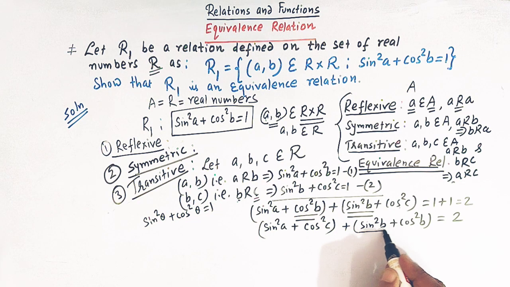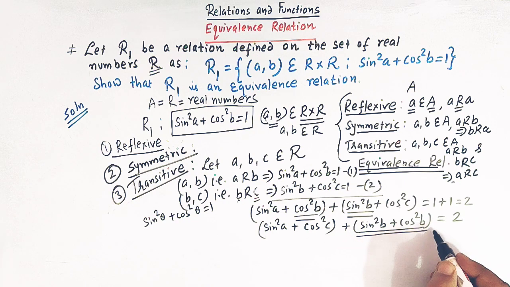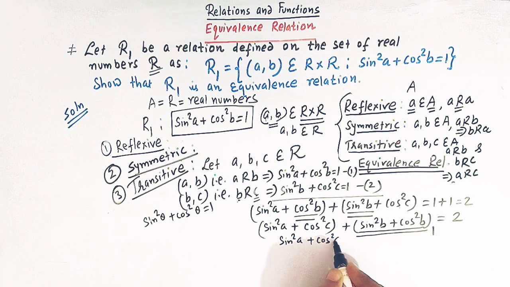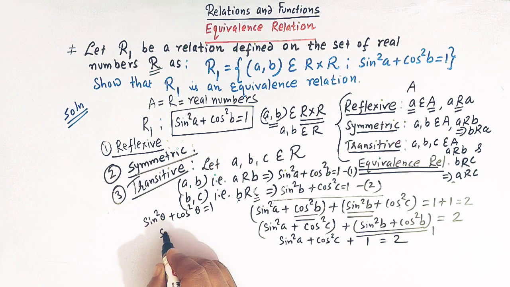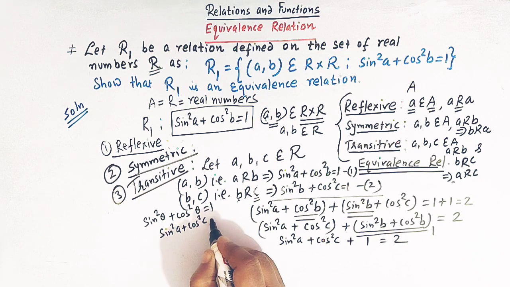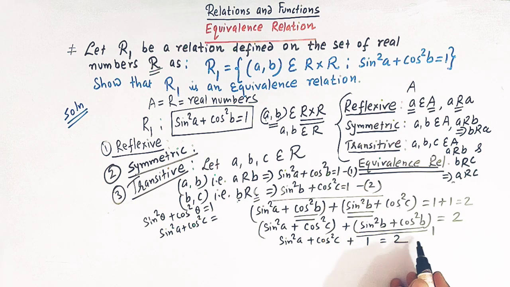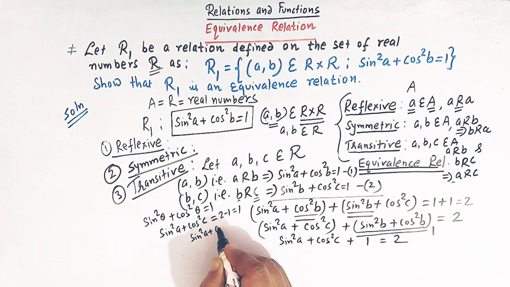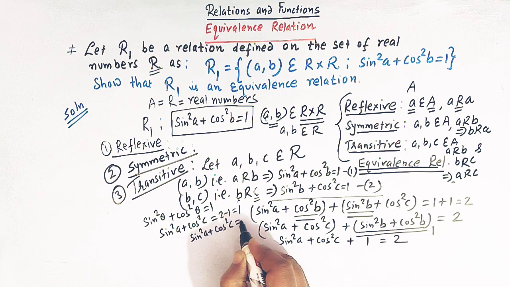So sine square B plus cos square B is equal to 1, right? So we have sine square A plus cos square C plus 1 is equal to 2. So now we have sine square A plus cos square C is equal to 2 minus 1, that is equal to 1, right?